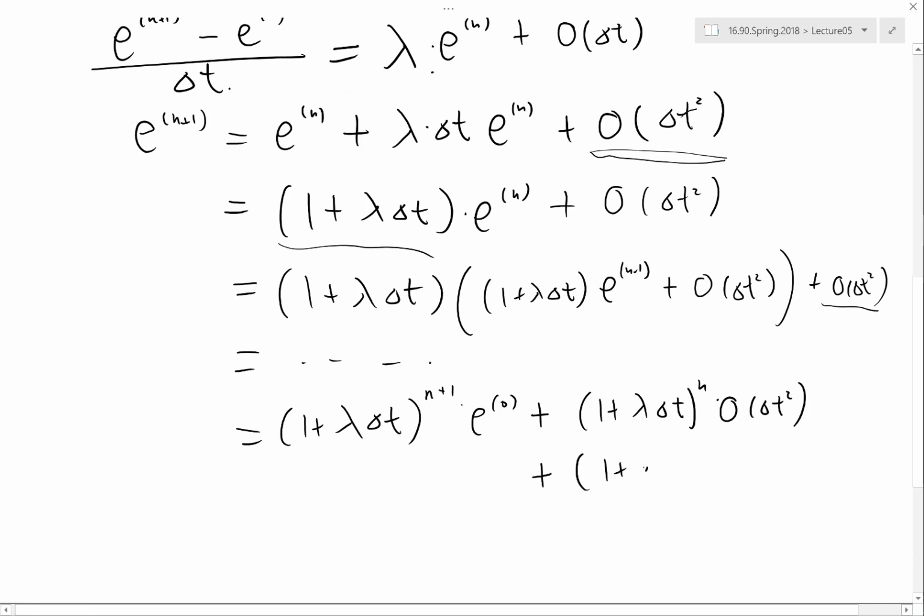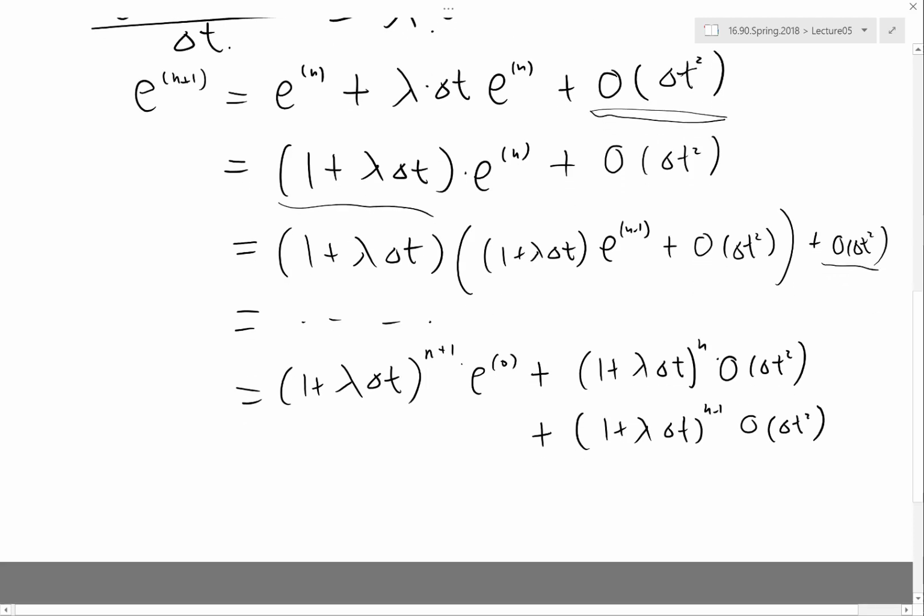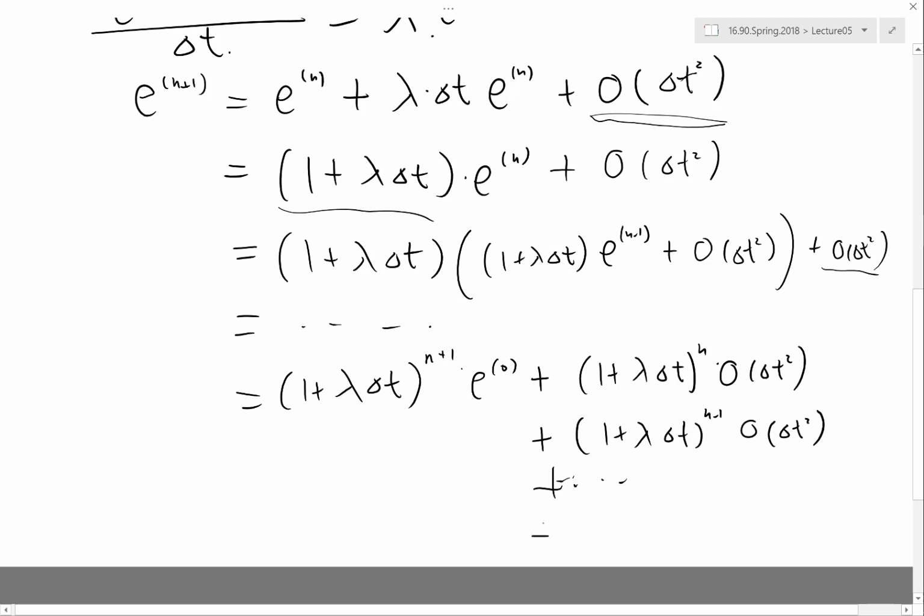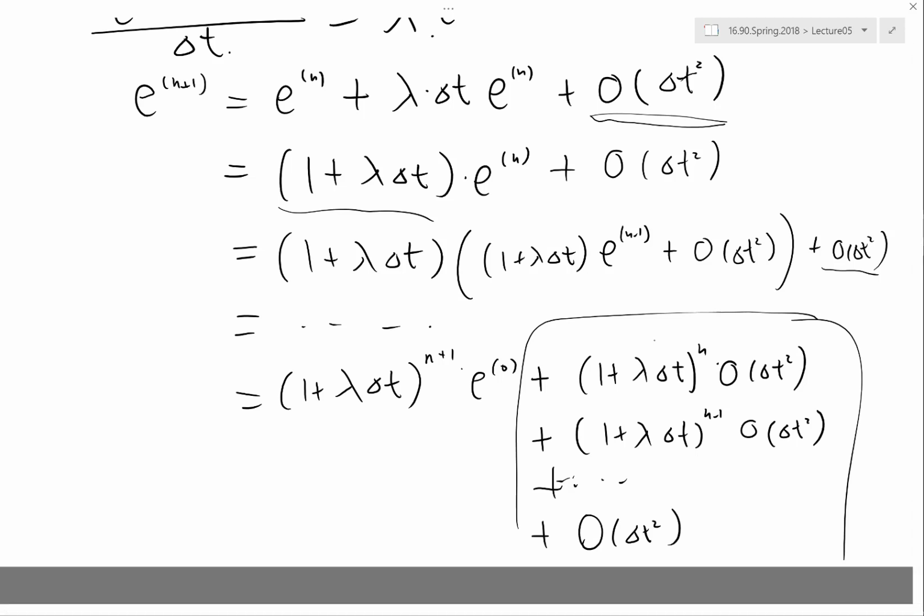And then plus 1 plus lambda delta t to the n minus 1th power also times this one, plus dot dot dot, and at the end we have just the O delta t squared term. So we have this many O delta t squared terms added together. Each one is multiplied by a certain power of 1 plus lambda delta t. So now we have a good idea of what we want this thing inside the power to be.